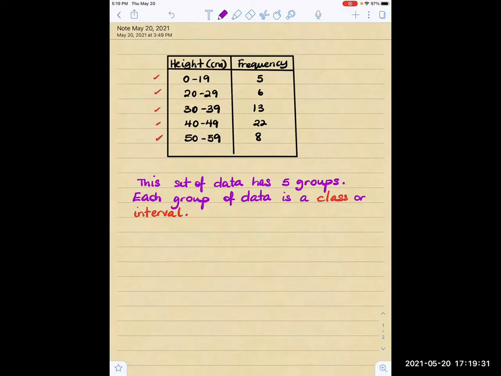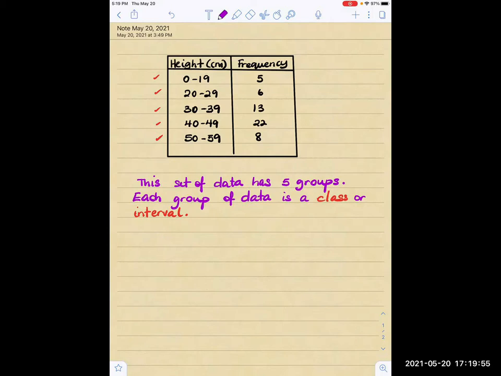So when a height is given as, let's say, 20 centimeters to the nearest centimeter, its true value lies between 19.5 and 29.5.